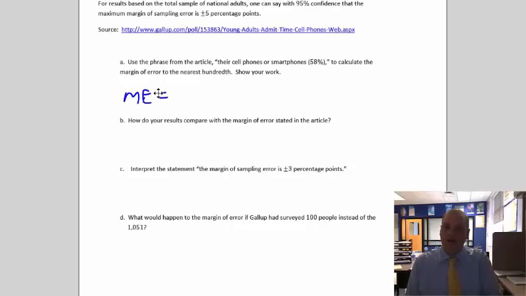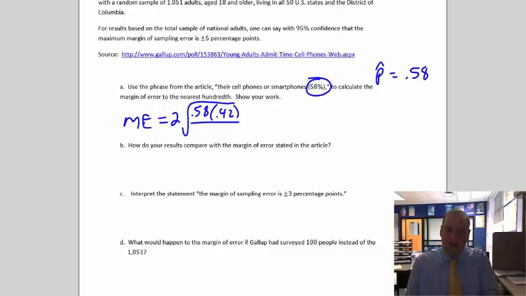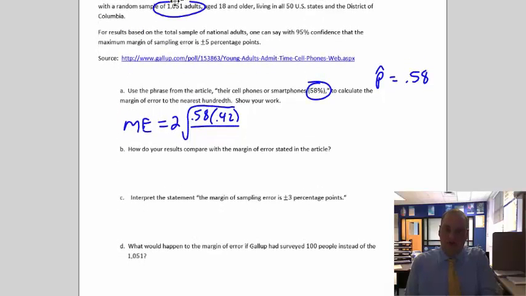So the margin of error, we're doing proportions, right? So we got a p hat. Our p hat is 0.58 because that's 58% cell phones or smartphones. So it's going to be 2 times the square root of p hat times 1 minus p hat, this time it's 0.42, and then again, our sample size is 1,051 adults.